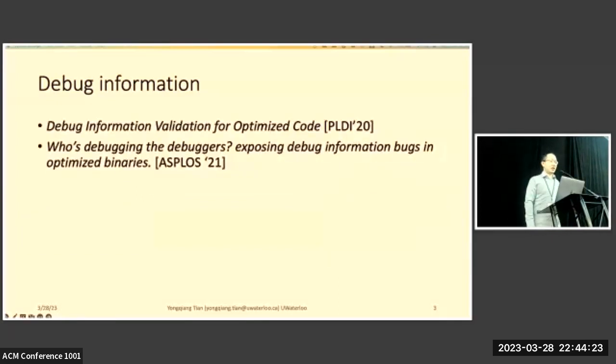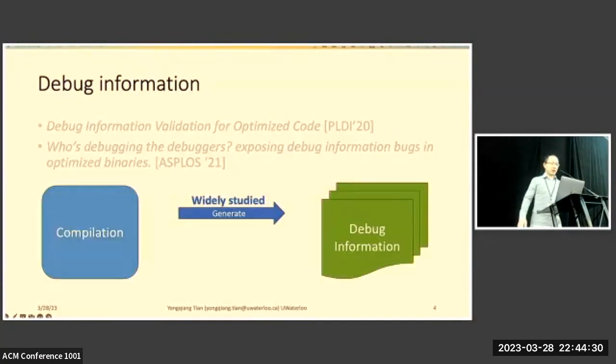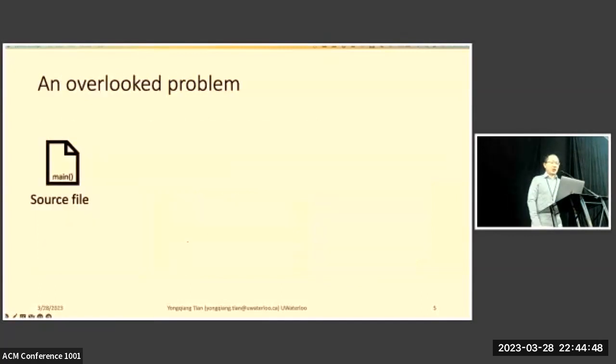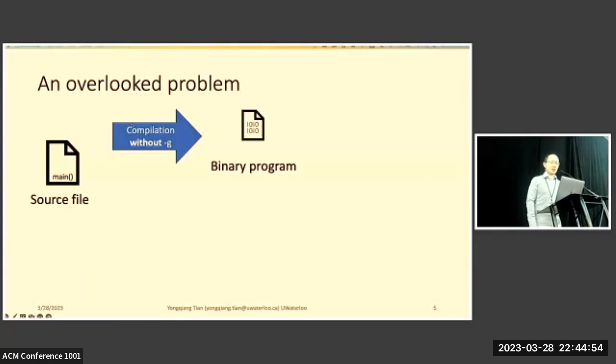There are many studies working on debug information, but most of them focus on one direction, which is how we can generate correct and complete debug information during compilation. In our study, we want to pinpoint another problem: debug information may interfere with code compilation. Specifically, developers usually compile the source code without debug information and use this binary program for production.